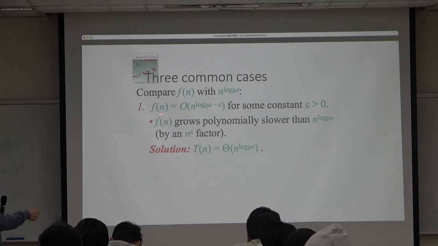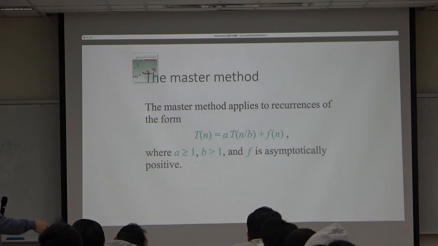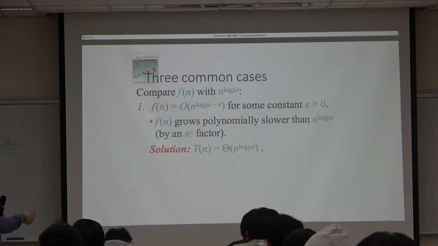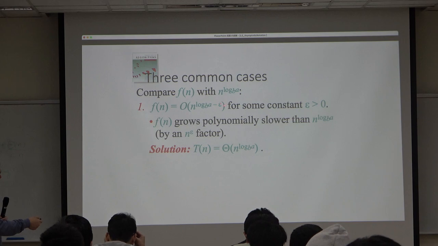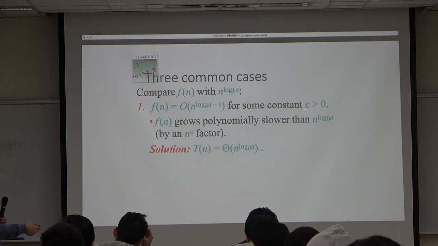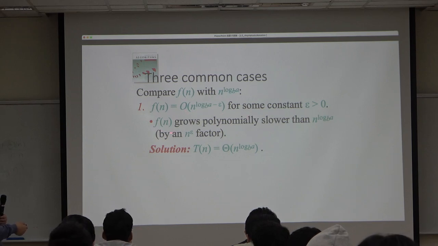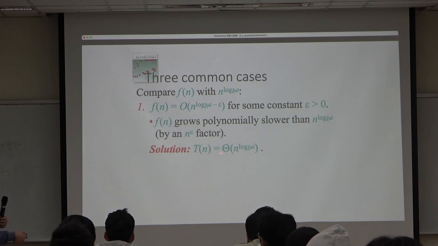If your f(n), the cost of the merge, is bounded by this order minus a very small constant, n^(log_b a − ε), where epsilon could be any constant as long as it's greater than 0, then f(n) grows polynomially slower than this one, so the solution T(n) will be Θ(n^(log_b a)).